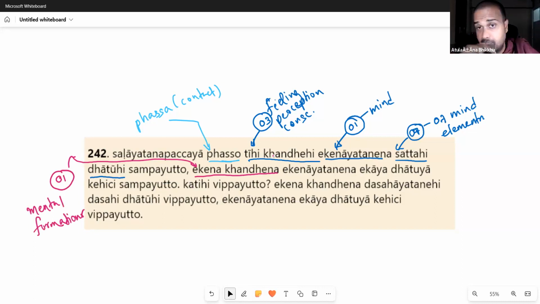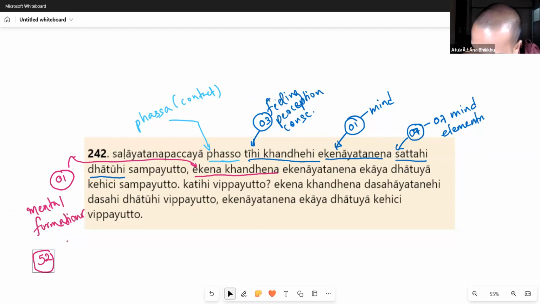So in the mental formations, now it's not feeling and perception. The phassa is a universal mental factor. We know there are 52 cetasika. So in the 52 cetasika, I'll remove this arrow here. It's not correct.